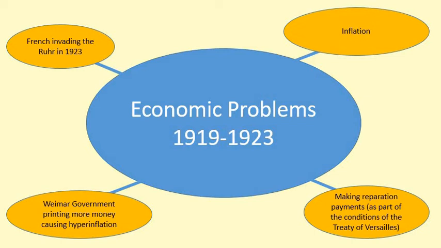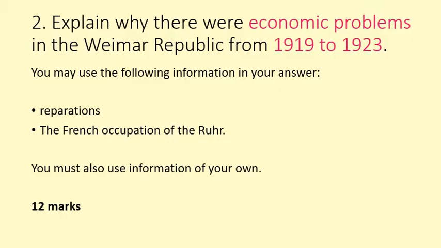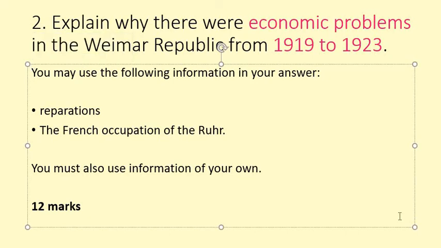Now we need to refer back to the exam question because you'll notice that we didn't read the whole thing out. So I'm just going to continue to read this last section. You may use the following information in your answer. Reparations, the French occupation of the Ruhr. You must also use information of your own.